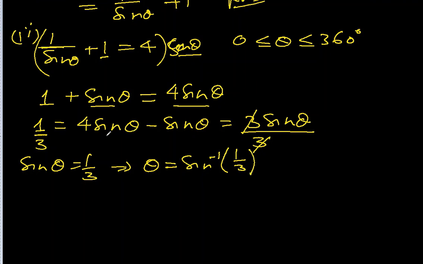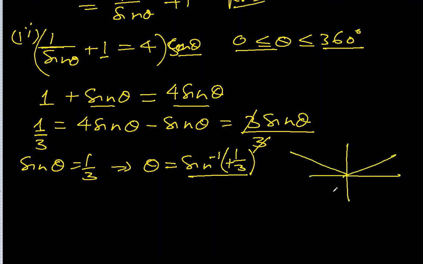Now look, our domain is from 0 to 360, and we want sine inverse 1 over 3, which is positive. And sine is positive in the first and second quadrant of the 360 Cartesian plane. So if we find sine inverse 1 over 3, these acute angles will be equal to that one. That's the rule, right? So if I put sine inverse 1 over 3 in my calculator, I will get the value of this.